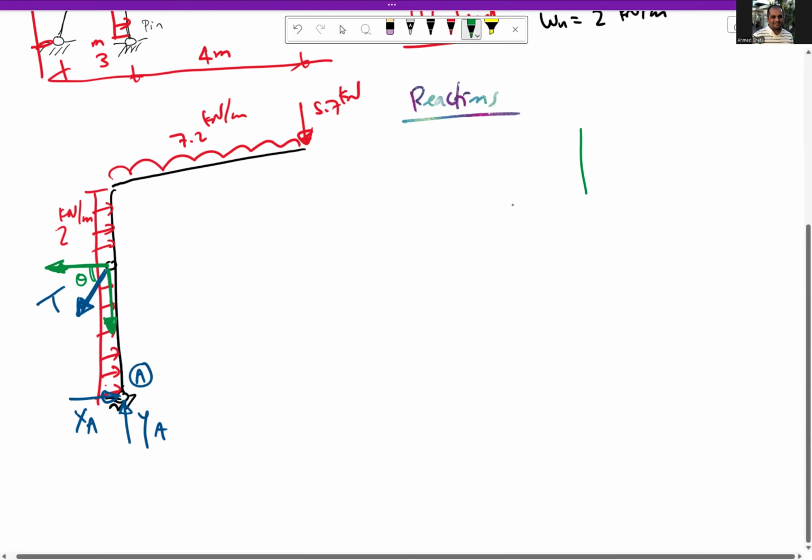Theta is in this triangle: 3 meter, 4 meter, so this is 5 meter.